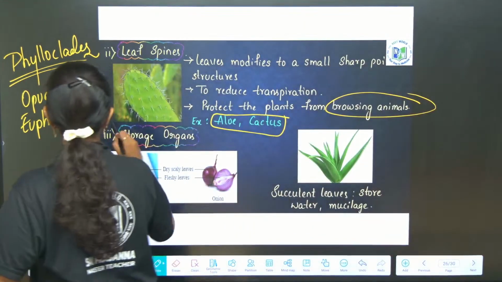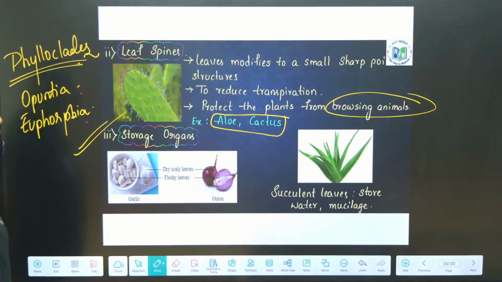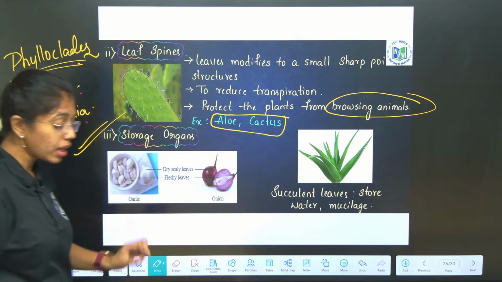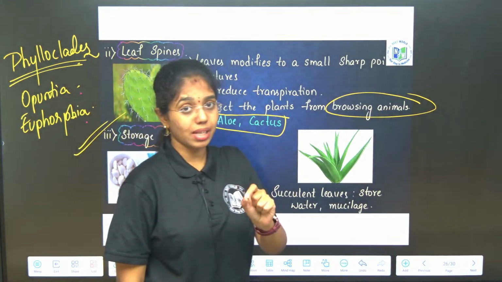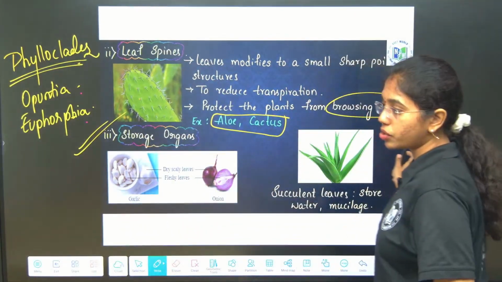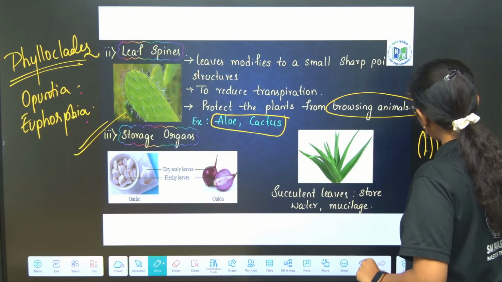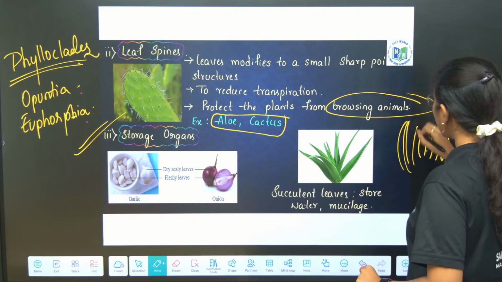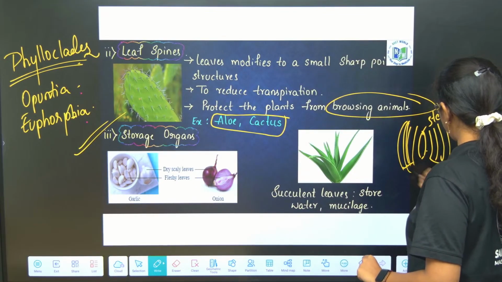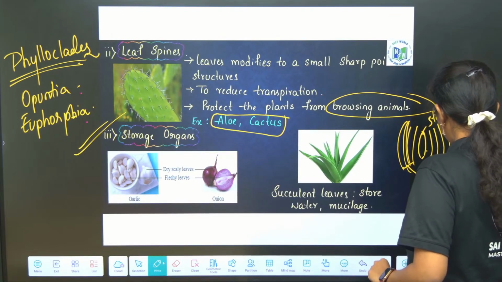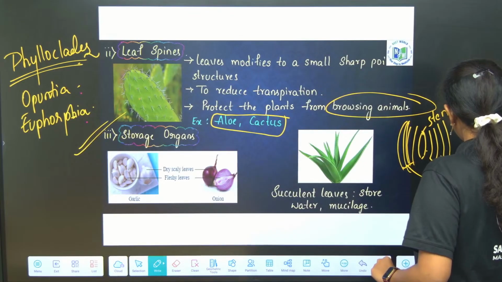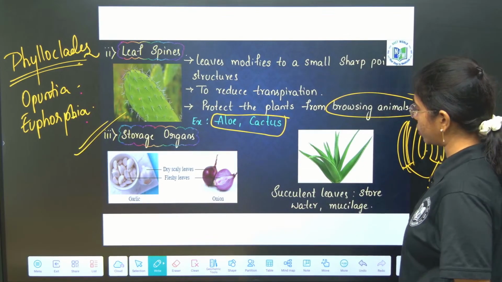Next is storage leaves. Storage leaves include what? Storage organs, okay, wherein we have learnt bulb modification, underground stem modification, where the stem is reduced to a disc shaped structure and parallel to it what are there? Concentric scaly leaves. So, here both stem modification and leaf modification are observed.